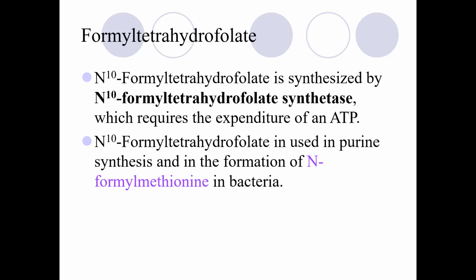And the formyl group is used in the synthesis of purines. It's very useful to put an aldehyde onto a structure that you want to make a ring from, because the aldehyde's very reactive and it will react with the amine to form a ring. And then it's also used in the formation of N-formyl methionine, which is the starting amino acid in translation in bacteria.